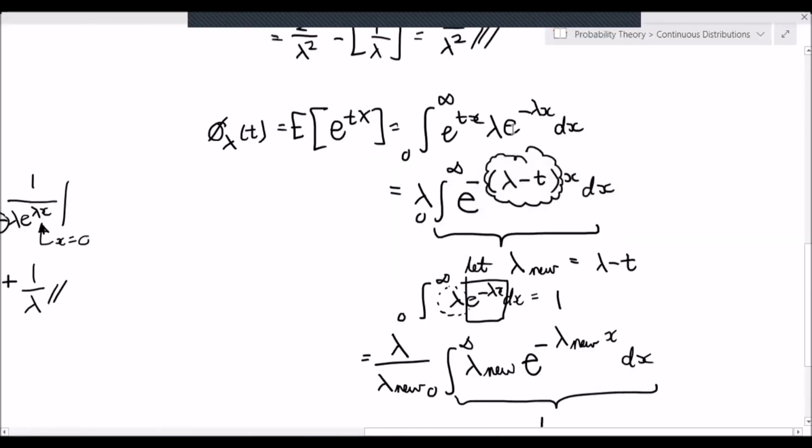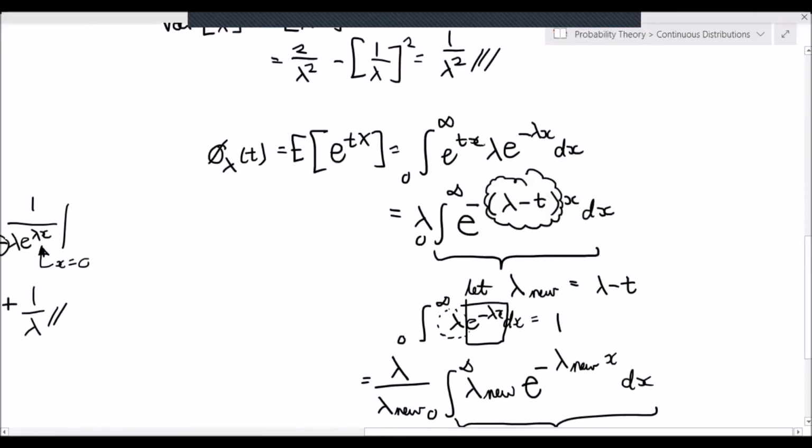In this case, we had the e to the tx times e to the negative lambda x, which we know is simply going to be e to the x times t minus lambda, but we know that the form of an exponential distribution's probability density function is lambda e to the negative lambda x. So multiply with a minus at front and switch the order of these two.